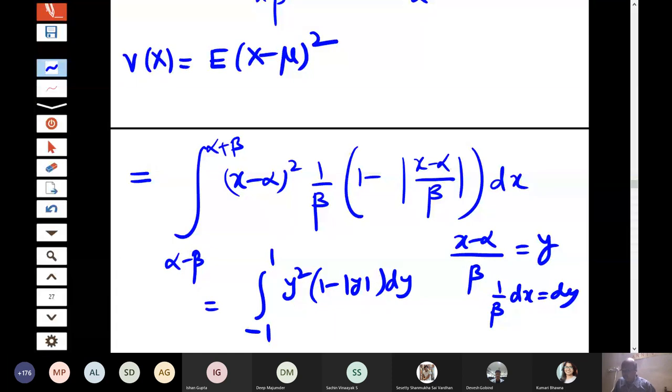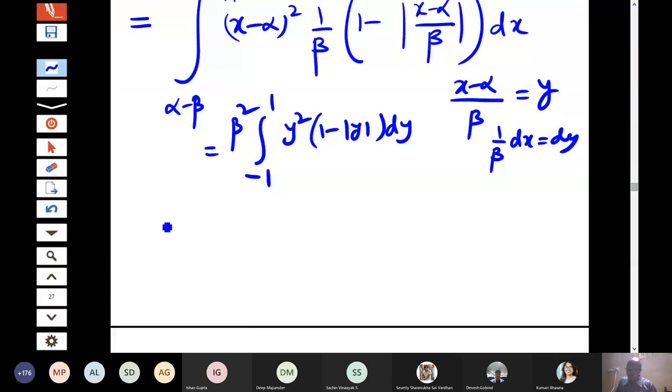Since 1 by beta dx is equal to dy, this goes into the dy term, and (x minus alpha) square is beta square y square, so you will get this term. Now this is a very straightforward integral which you can easily evaluate, and you get the value as beta square by 6. So that is the variance of this distribution.